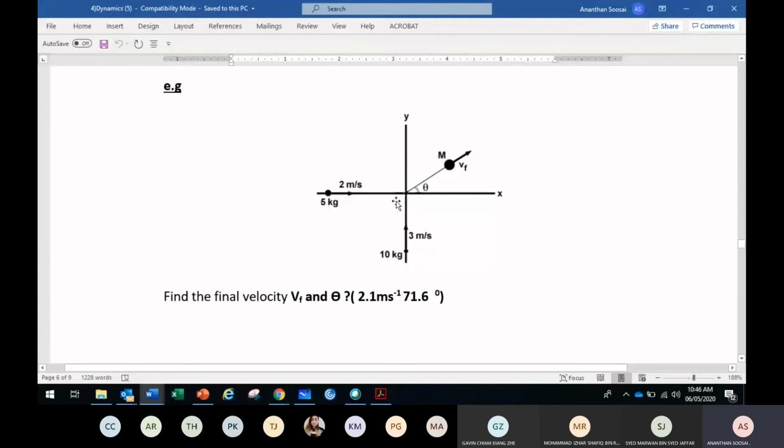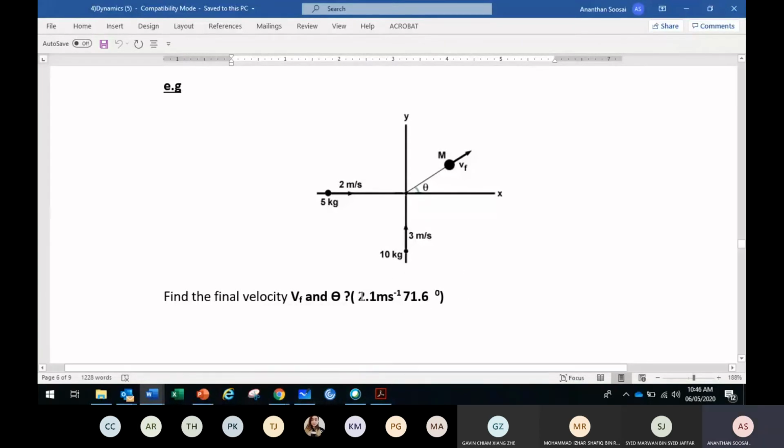Px is going to be 15 Vf cos theta, positive because it is to the right. Py will be 15 Vf sin theta, positive because it is directed upwards. You get the equation?